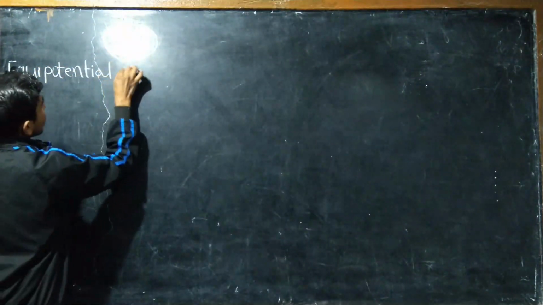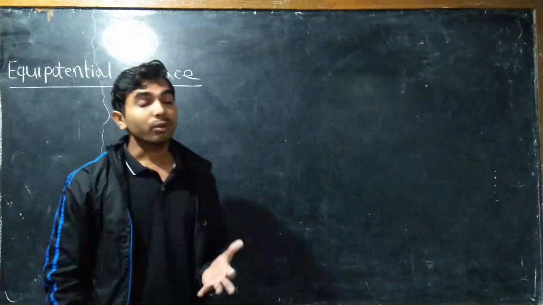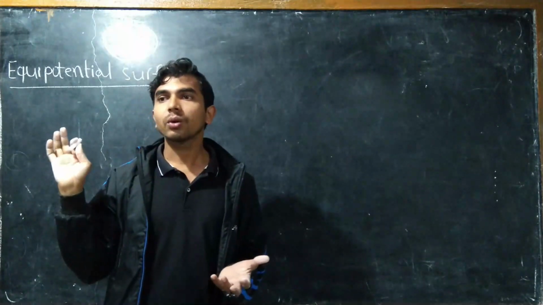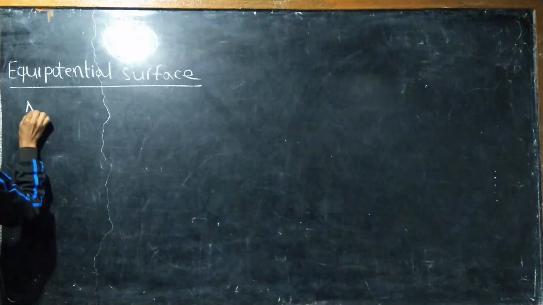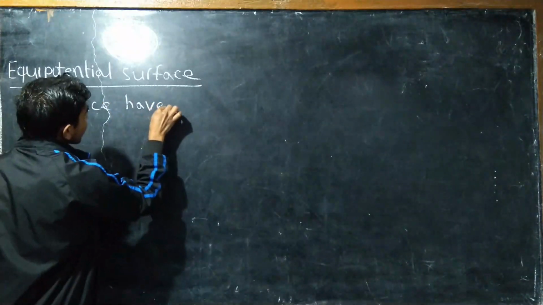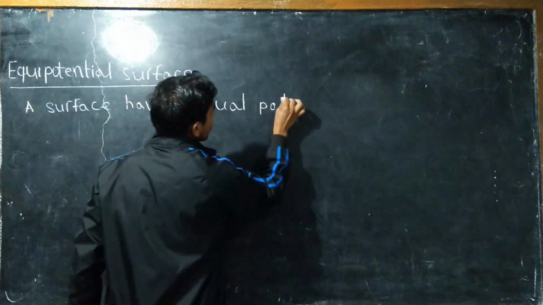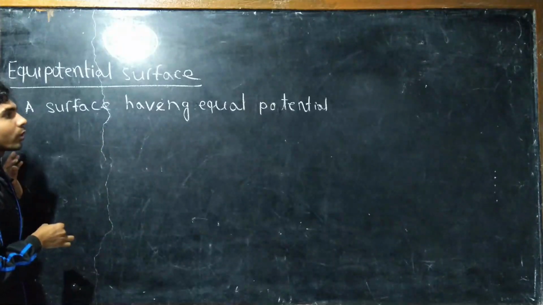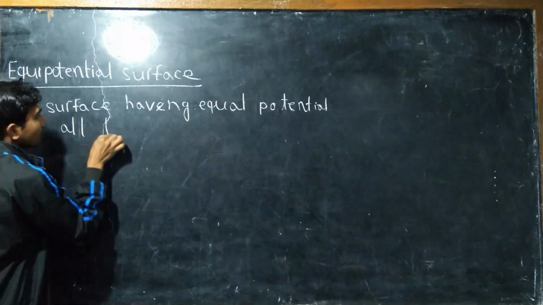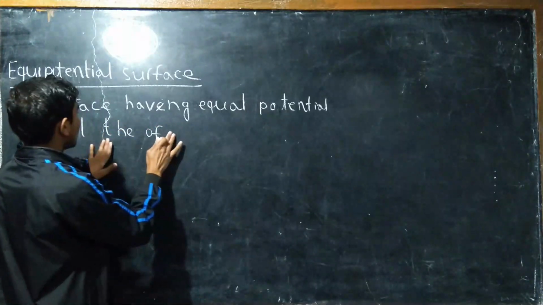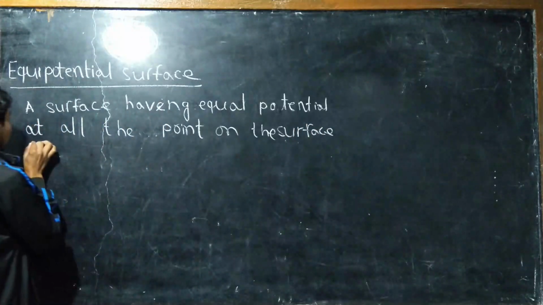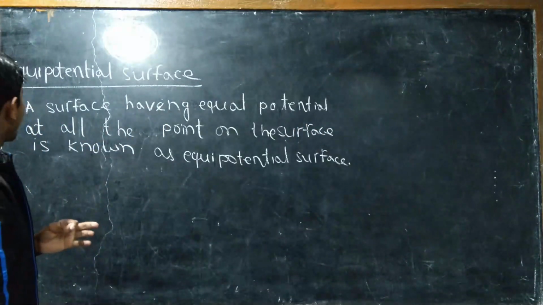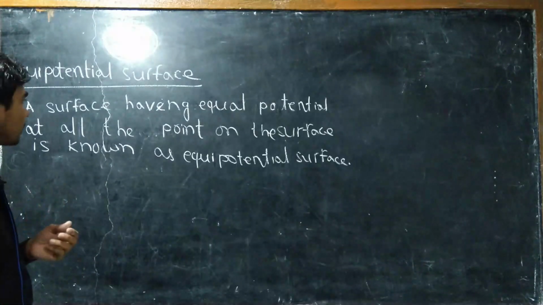It is clear from the name: equi means equal, so a surface having equal potential at all the points on the surface is known as an equipotential surface.